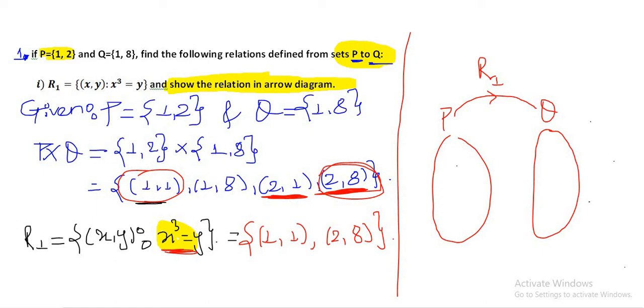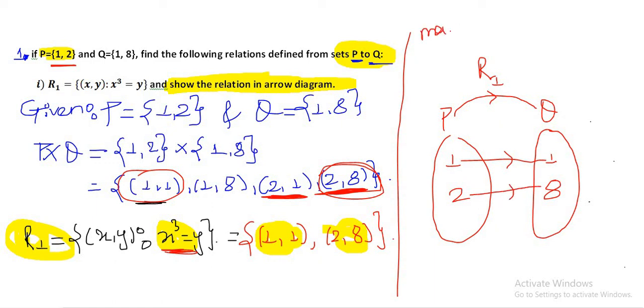Now write the elements: set P has the elements 1 and 2, and set Q has the elements 1 and 8. In relation R1, (1, 1) means 1 maps to 1 and (2, 8) means 2 maps to 8, so we draw arrows associating 1 to 1 and 2 to 8. This is called a mapping diagram or arrow diagram.